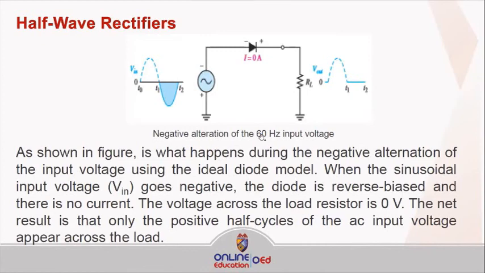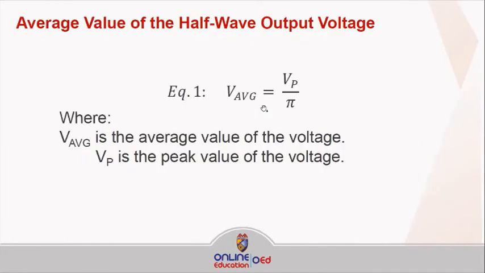Okay, that is in the reverse bias, yung diode natin, and there's no current. Okay, how about the average value? The V average value of the voltage is equivalent to Vp over pi. Constant na yung value na yan. Divide lang natin yung peak voltage by pi para makuha natin yung average value ng voltage.